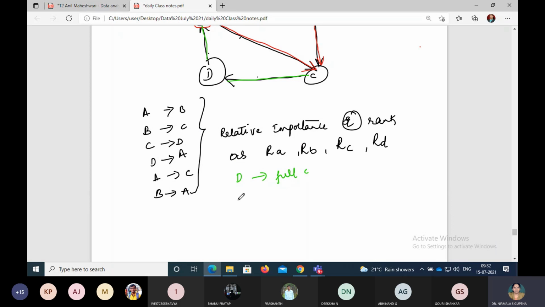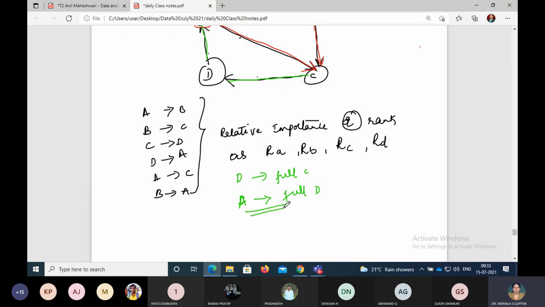There is only one outbound from D to A, no? So A will get the full influence from D. Now the node A gets the influence of node D fully.